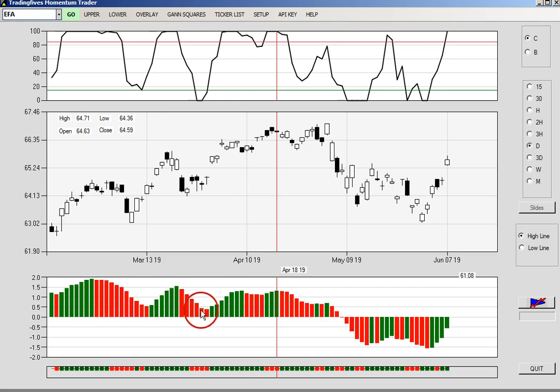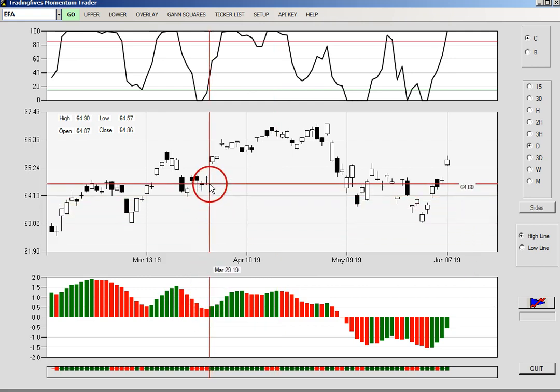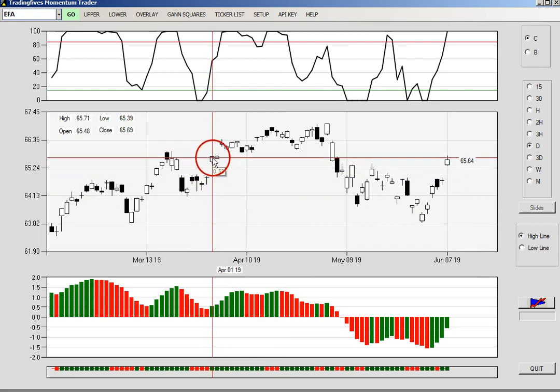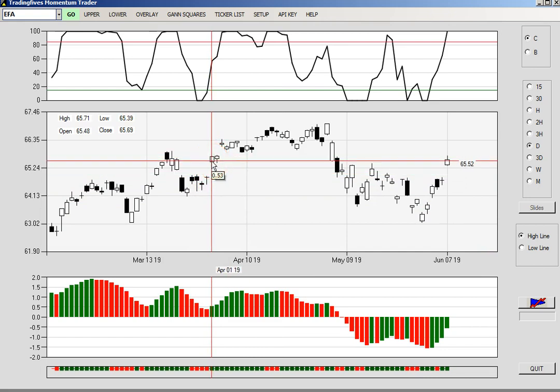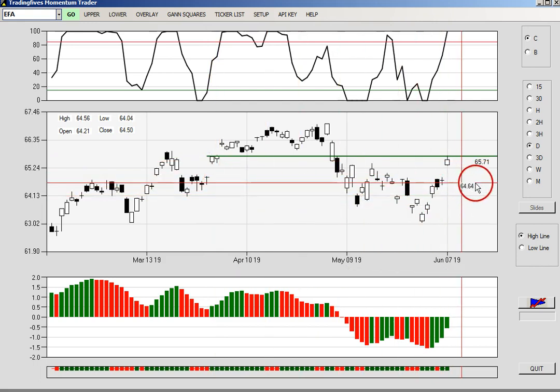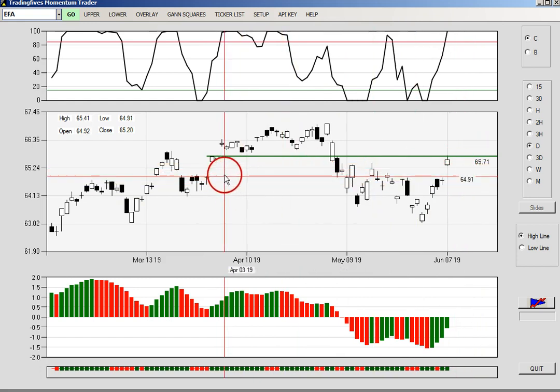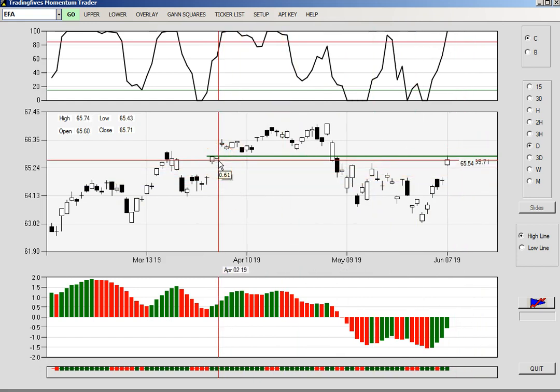I have another series of red bars followed by a green histogram bar. We look at the candle or the price bar corresponding with it, and we get a take or pass condition with a print above 65.71 on the next bar.